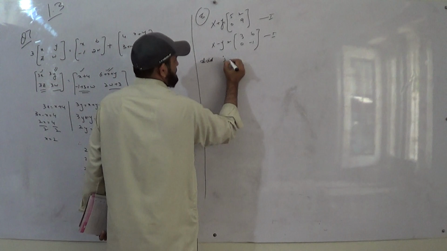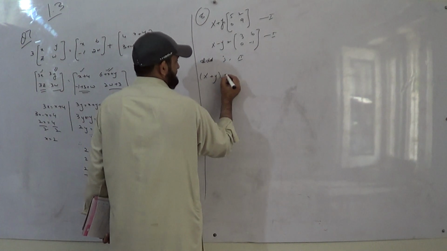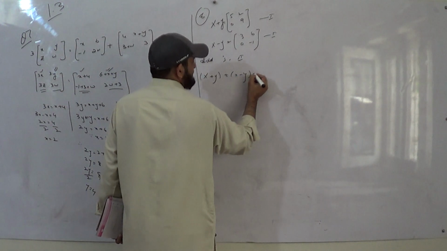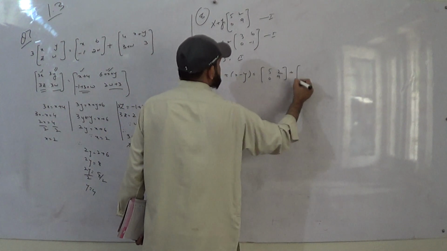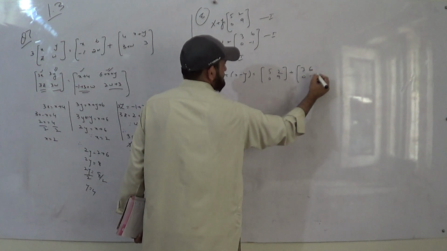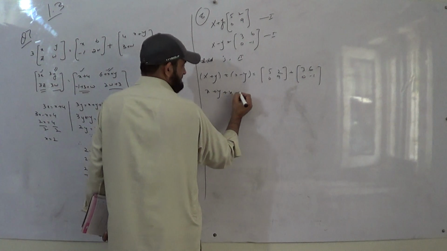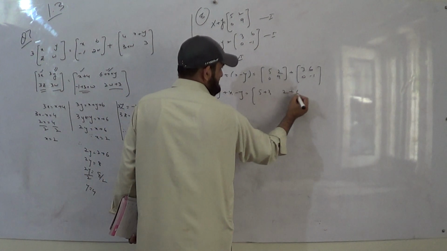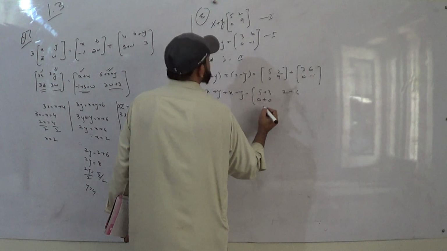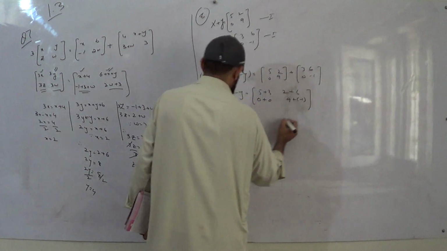Add 1 and 2, we get x plus y. Add left side with left side, right hand side with right hand side. We get x plus y plus x minus y equal to [5+3, 2+6; 0+0, 9+(-1)].